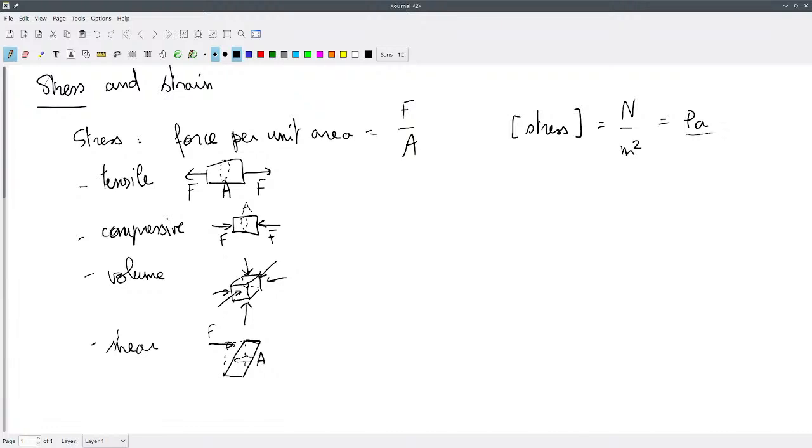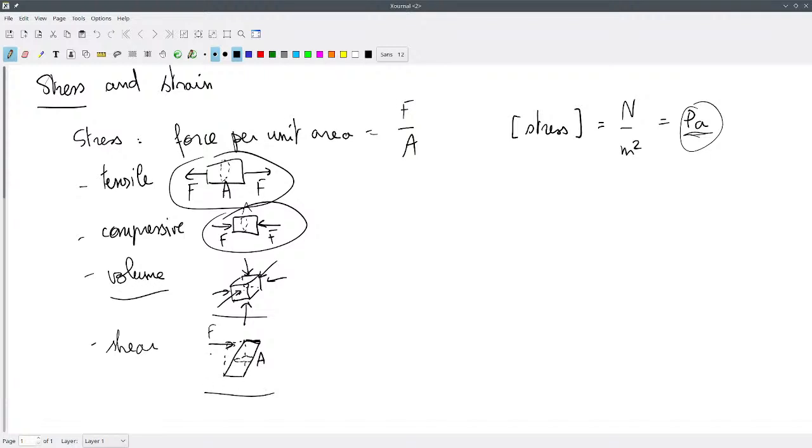This is the same unit as we use for pressure, and we'll actually come back to that when we talk about volume stress, which is better expressed in terms of that pressure. All of the other units of pressure might also apply here, but Pascal is the SI unit.